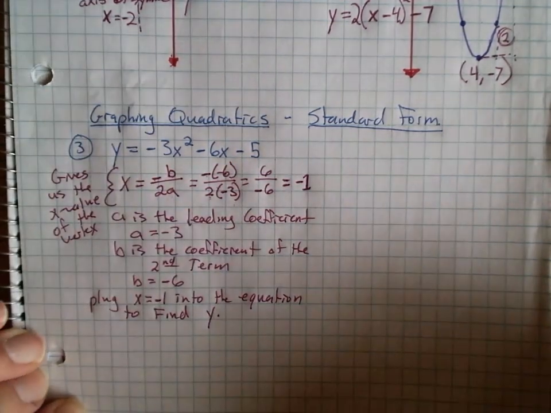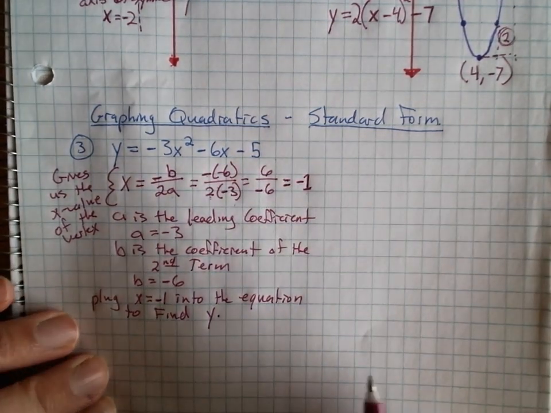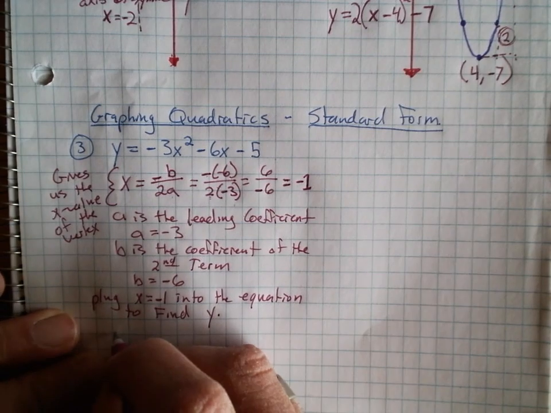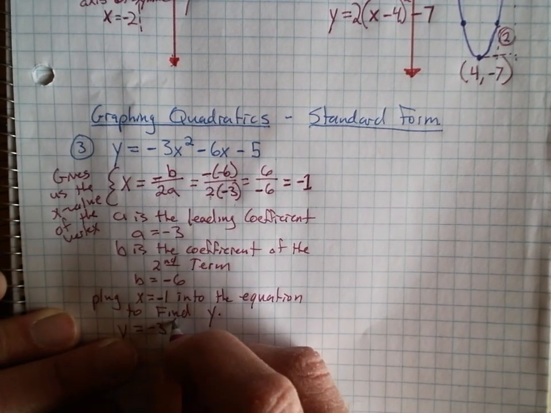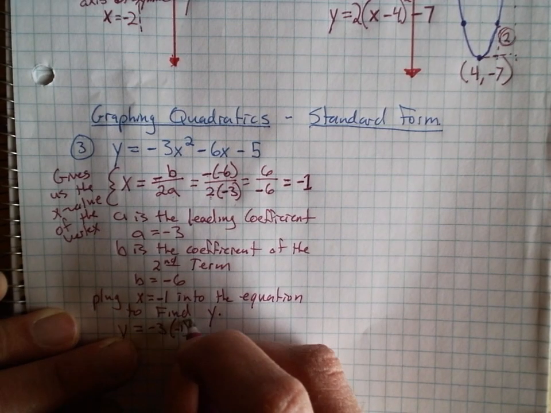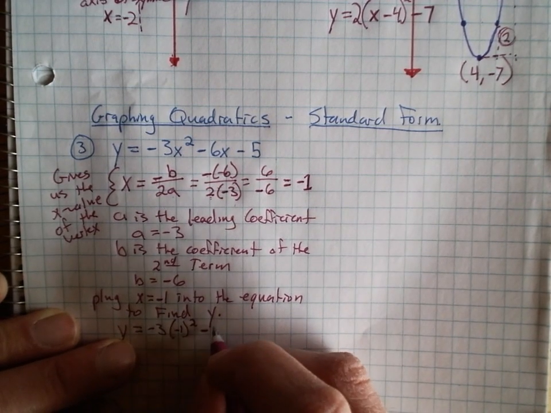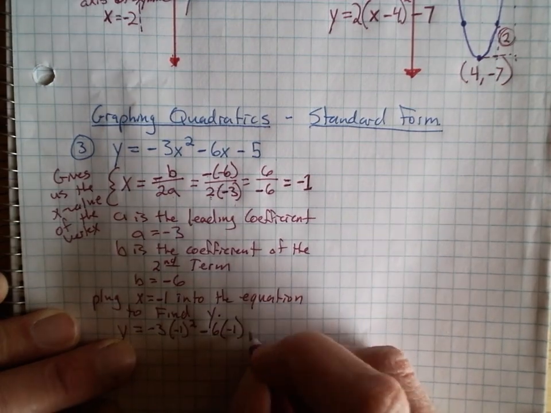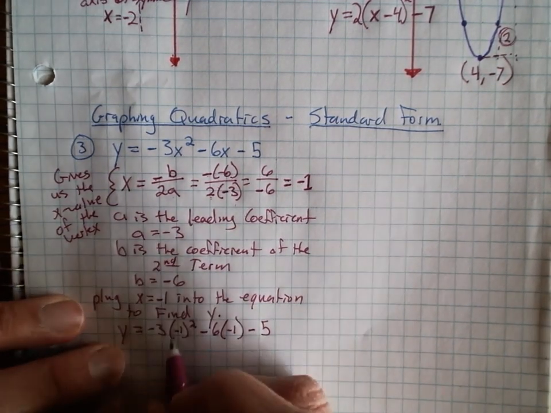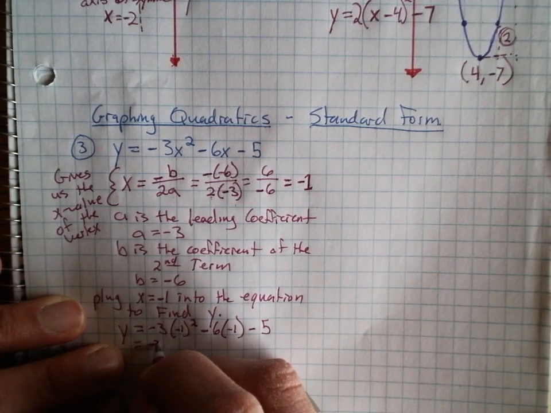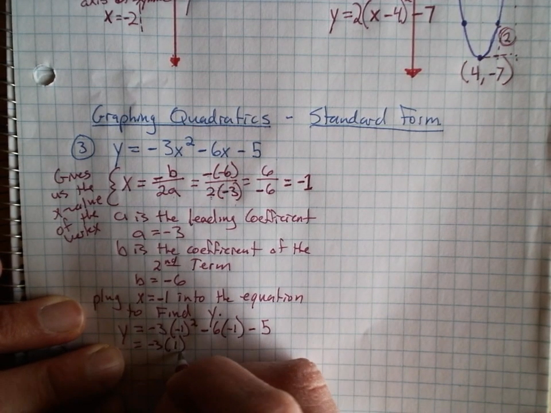That'll give us the vertex so we can start graphing this guy, right? So now y equals -3, but x is squared, so it's going to be -1 squared minus 6 times -1 minus 5. And when we continue this, you get -3, -1 squared is 1.